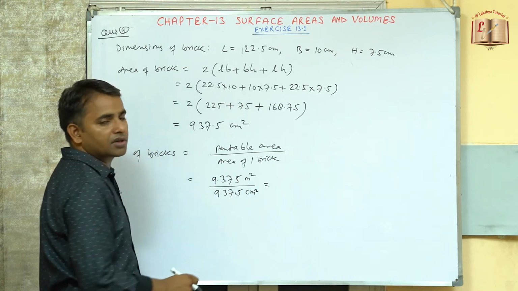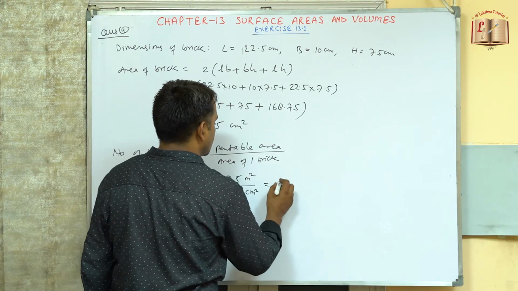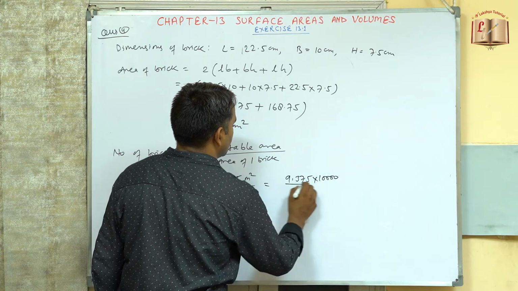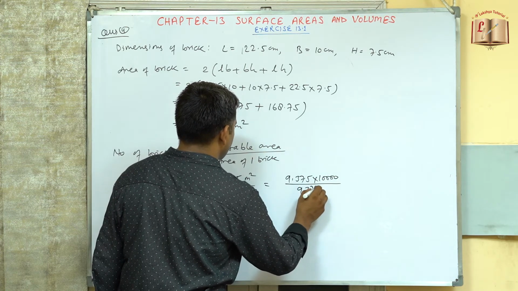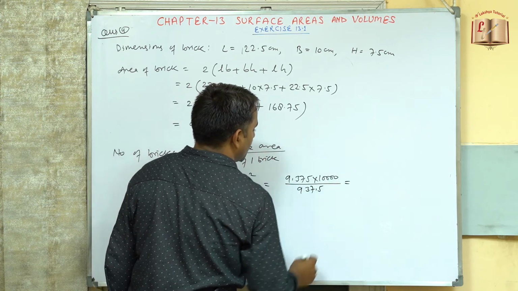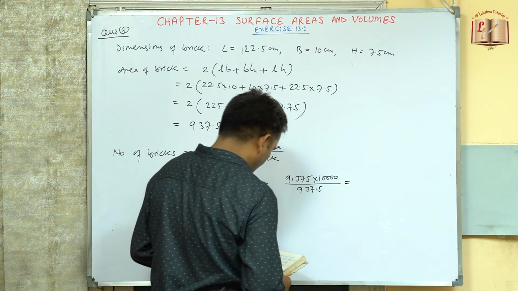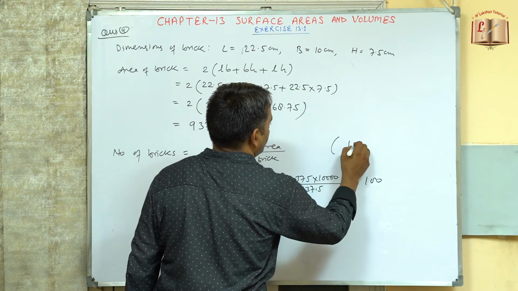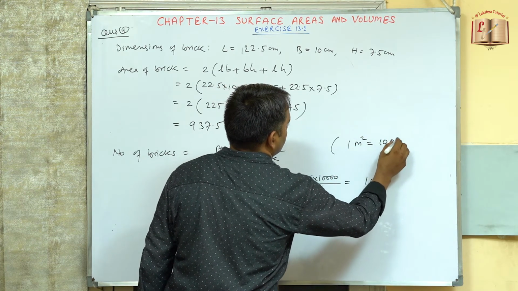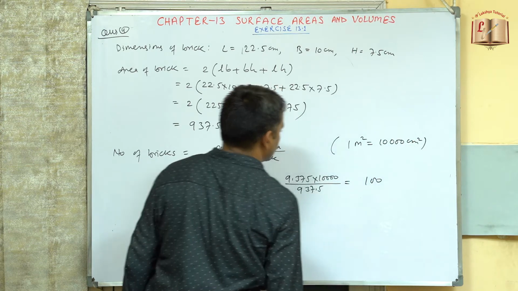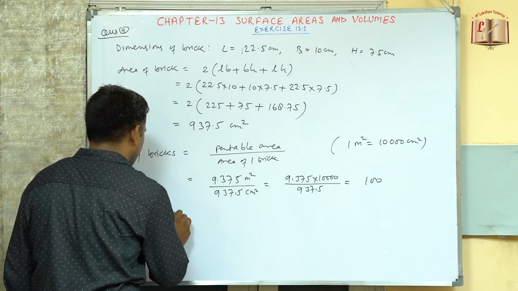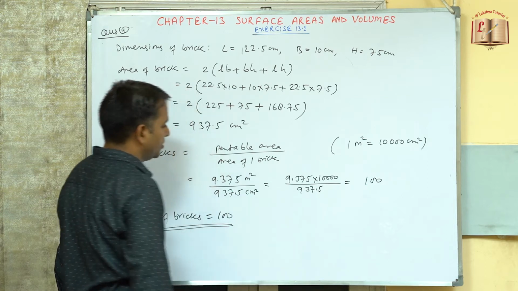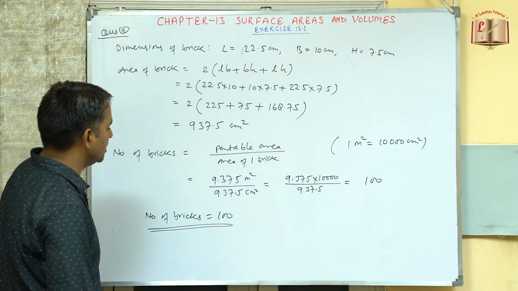So the meter square needs to be converted into centimeter square, since 1 meter square is equal to 10,000 centimeter square. So 9.375 into 10,000 divided by 937.5 gives 100. So the number of bricks is 100. So 100 bricks can be painted out of this paint.